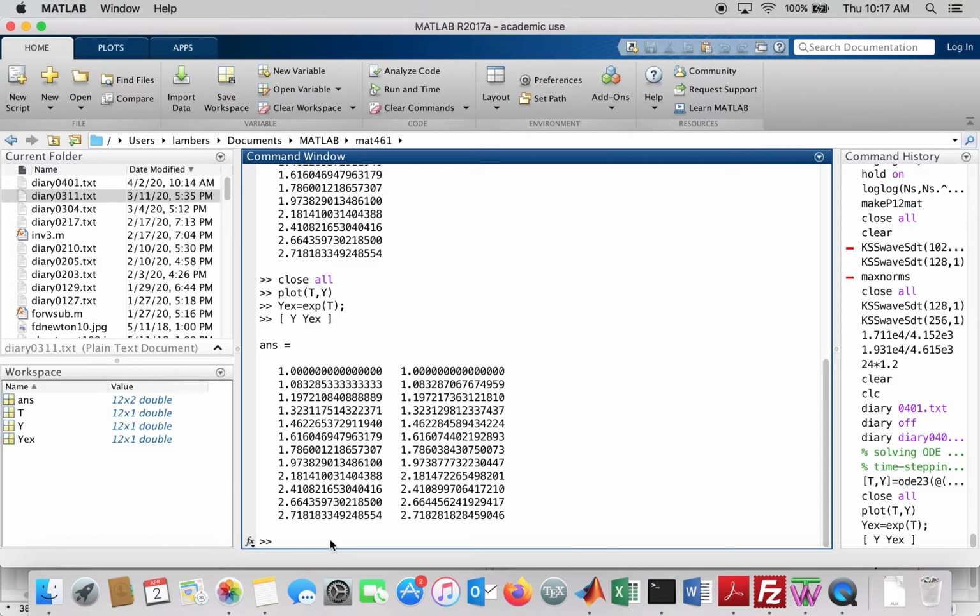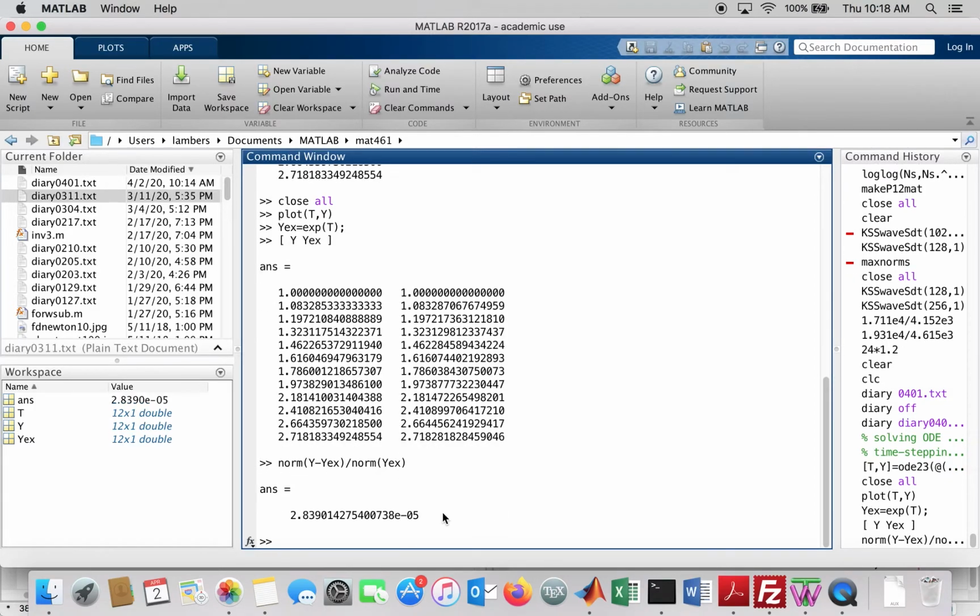But I want a simple measure of error. So I'm going to do norm: the square root of the sum of squares of y minus yex, over the norm of yex. This is a vector 2-norm. Recall our discussion of norms for iterative methods. And so that's quite accurate. It's 2.8 times 10 to the minus 5. Not bad.